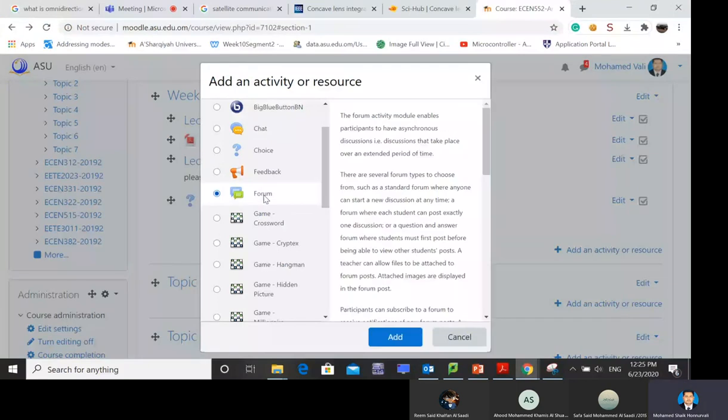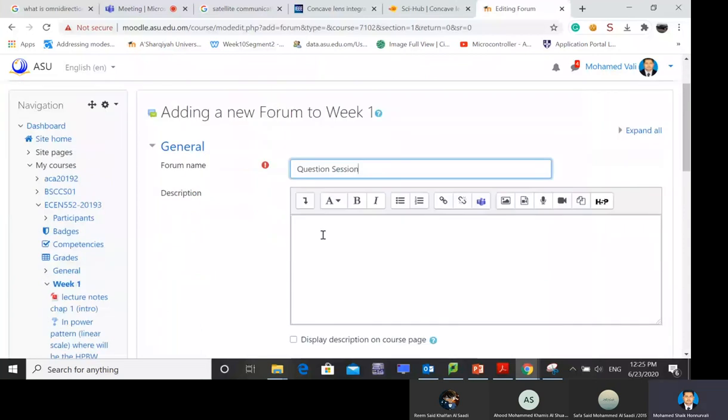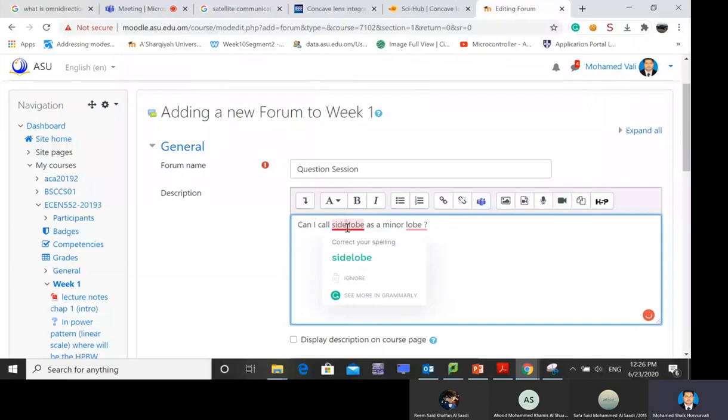Question: can I call side lobe a minor lobe? This is a simple question.